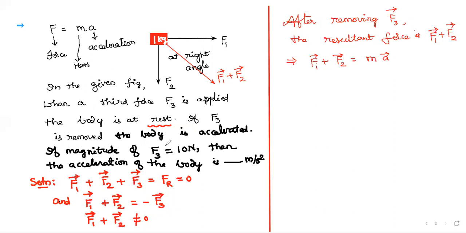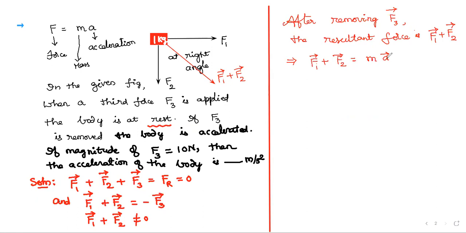Now look, he gave F1 bar and F2 bar, but they are not given now; their magnitudes are not given. So here we don't know F1 bar plus F2 bar to find the acceleration. Usually we stop the question here.